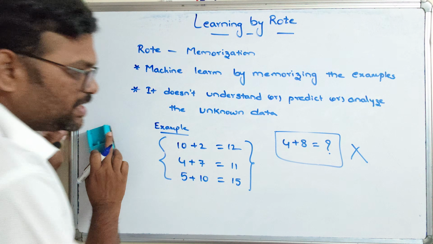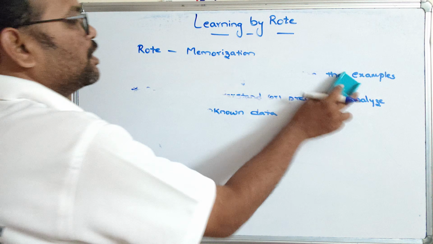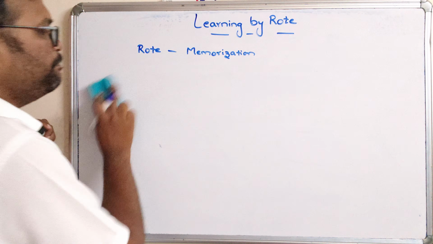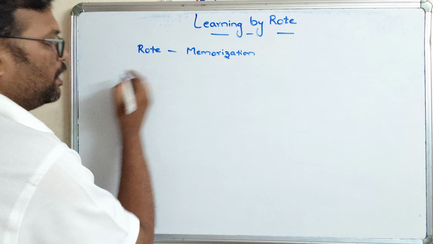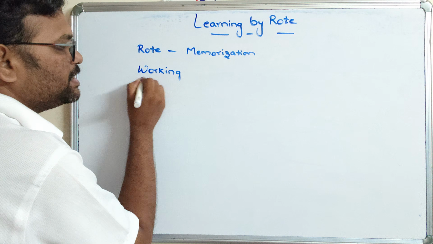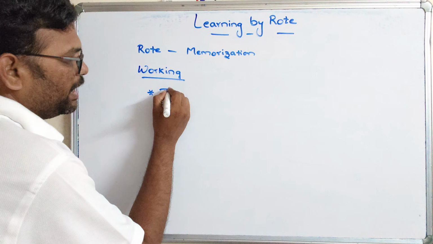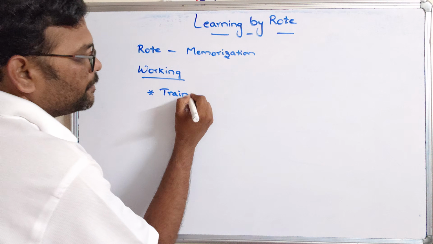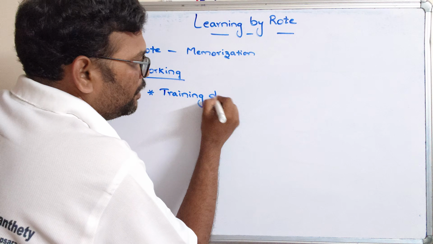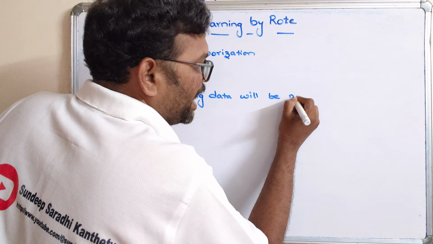Let us see the working of this learning method. It's a simple learning method, which is rote. What is the working? The first step is the training data will be memorized.